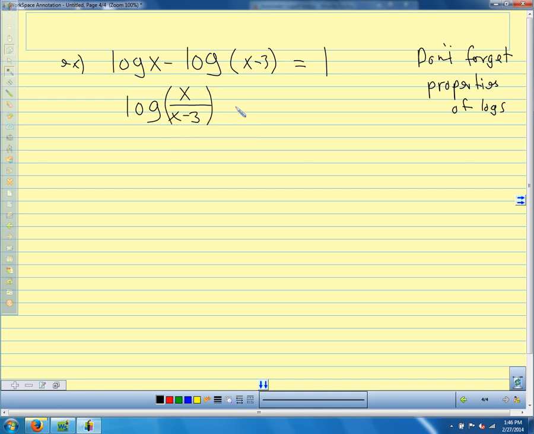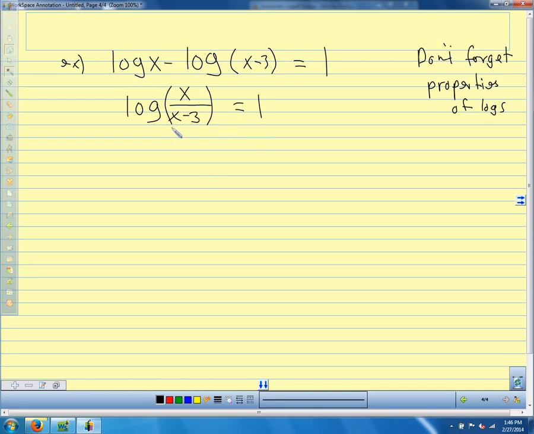Subtraction turns into division, equals 1. Now what can we do? Logarithm on one side of the equation. So I can either exponentiate both sides or rewrite in exponential form. So let's write this one in exponential form.